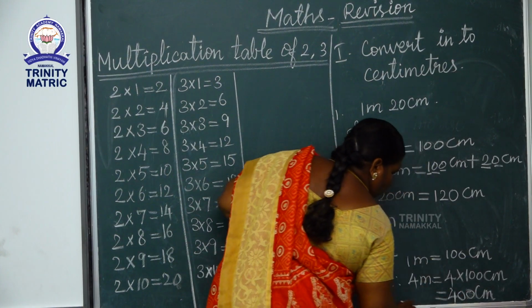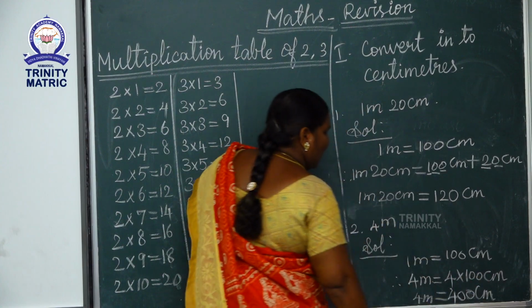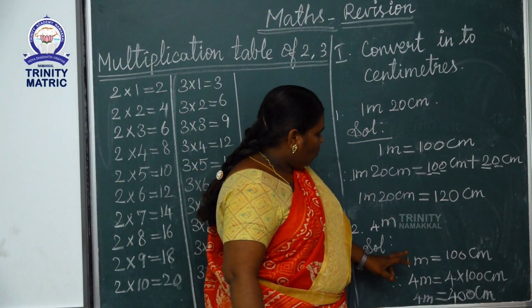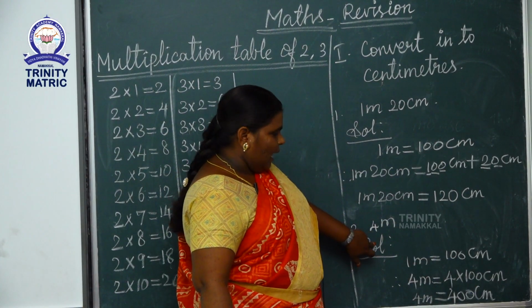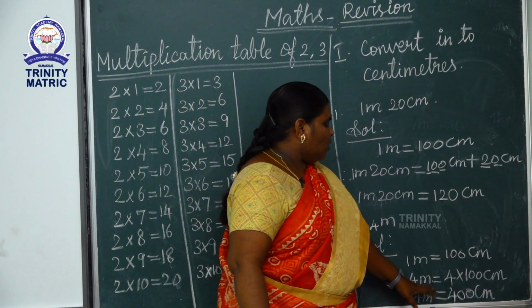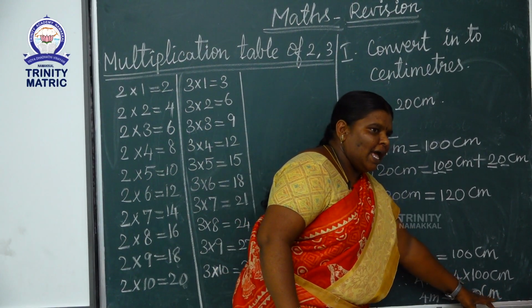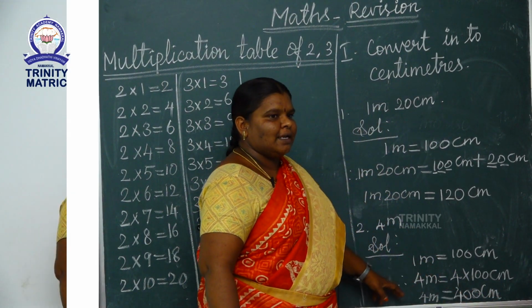So 4 meter is equal to 400 centimeter. I say again, the given sum is 4 meter. 1 meter is equal to 100 centimeter, so 4 meter is equal to 4 into 100 centimeter, 400 centimeter. Do you understand, children?